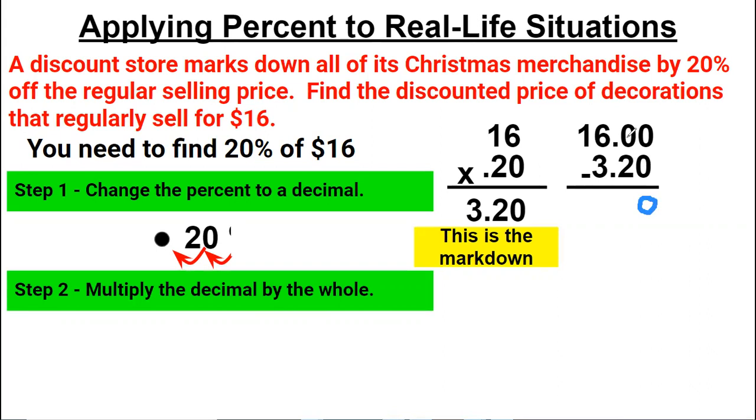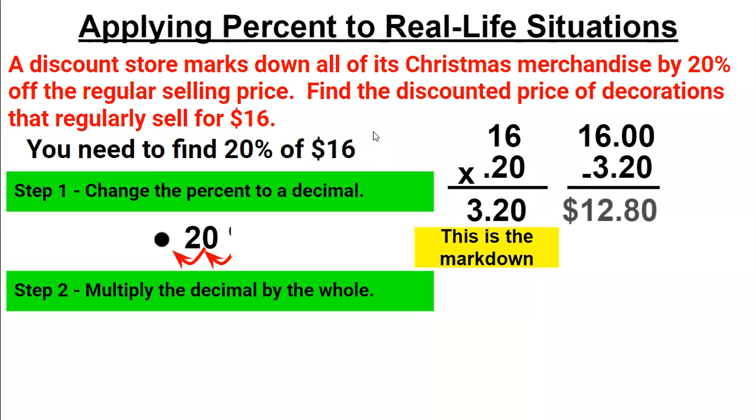Now you can't take 2 from 0, so you borrow from the 6 and make it a 5. The 0 becomes a 10. 10 minus 2 is 8. You keep your decimal there. 5 minus 3 is 2. And 1 minus nothing is 1. So $12.80. I'm going to hit clear because it's going to show up on my thing when I click on it. There it is, $12.80. That's how much you're going to pay for the Christmas decorations after a 20% markdown.